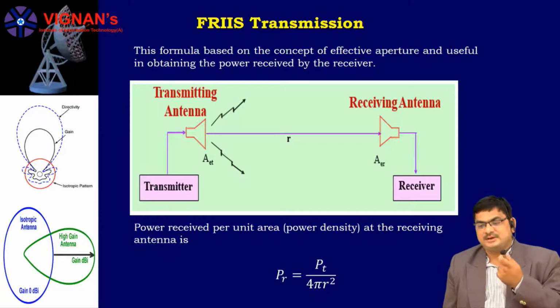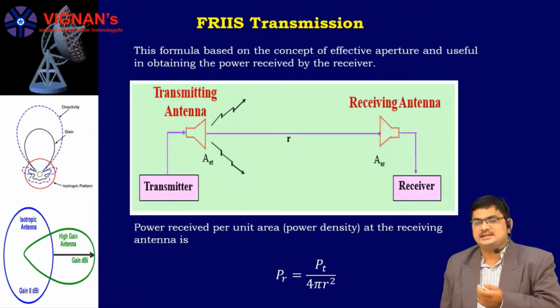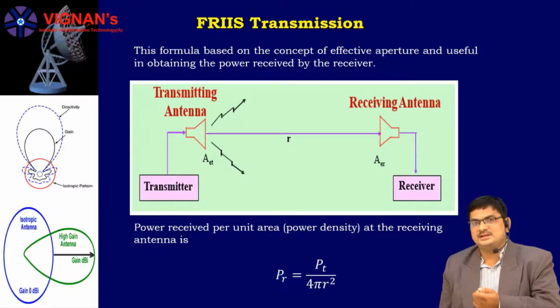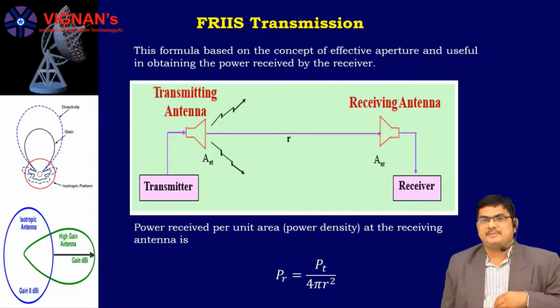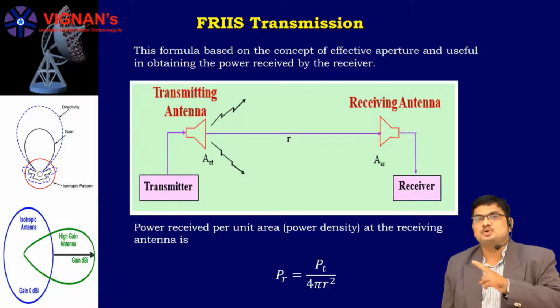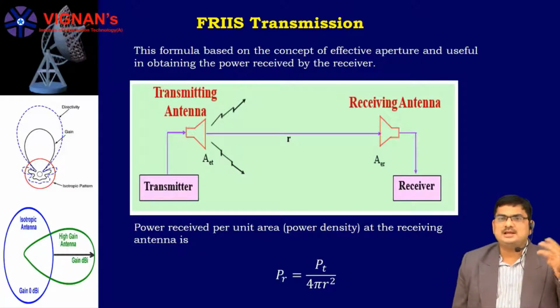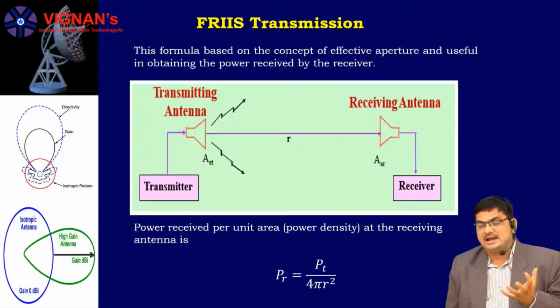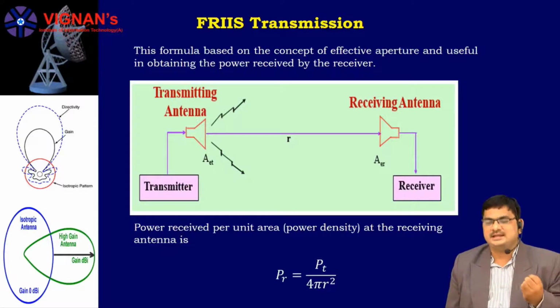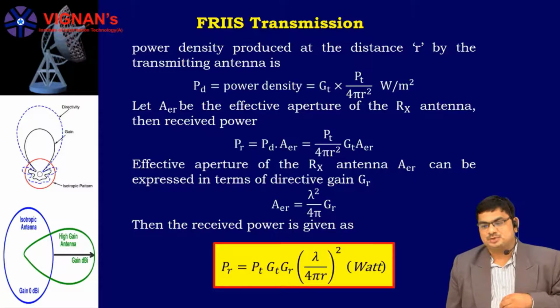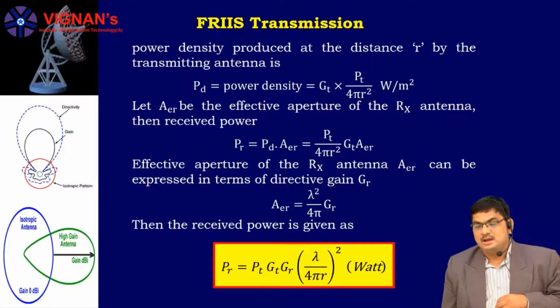The maximum effective aperture is AET on the transmitting side, and AER on the receiving side, and the distance between the two antennas is R. As we know, the power radiated by an antenna is PT by 4 pi r square.